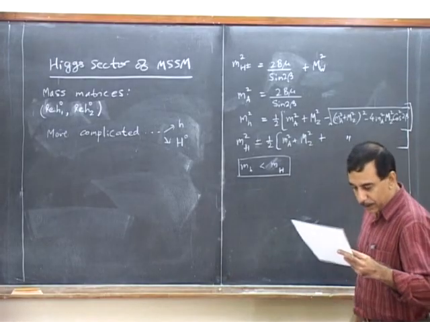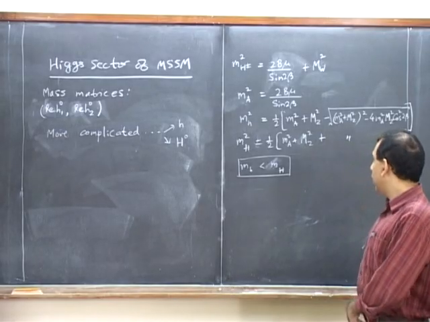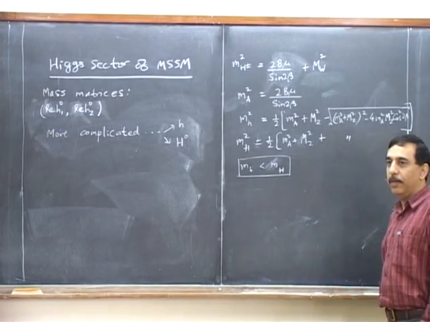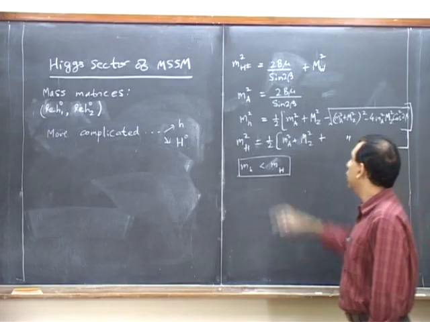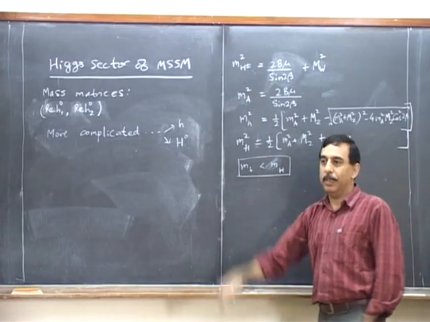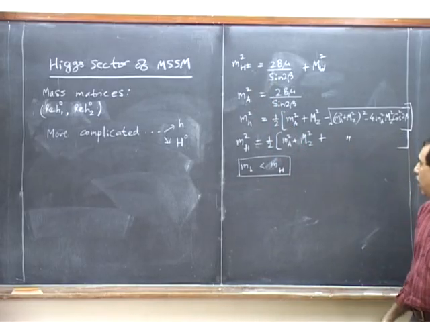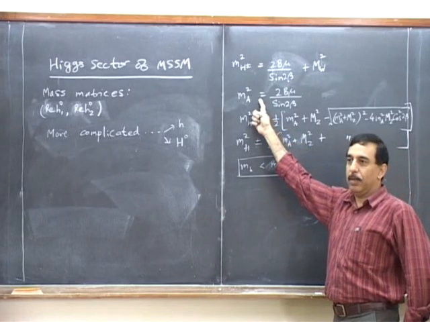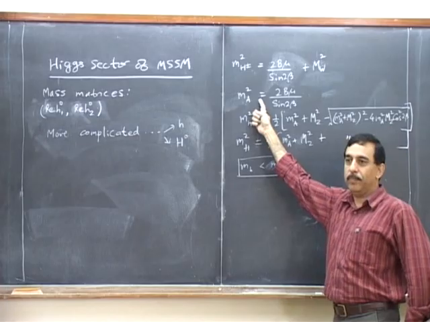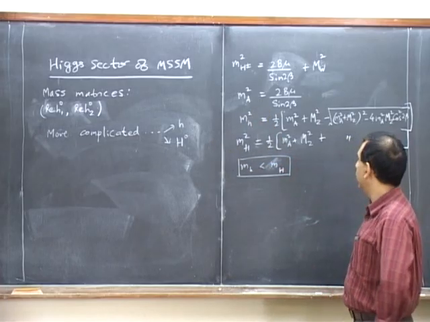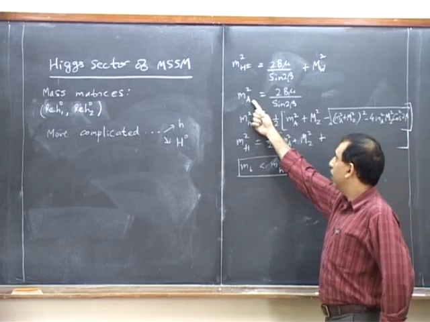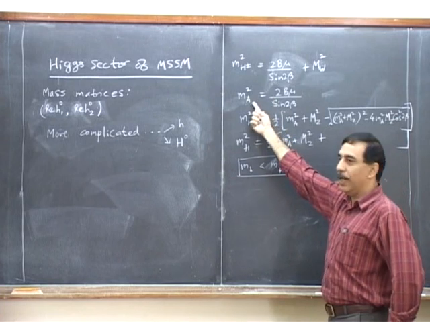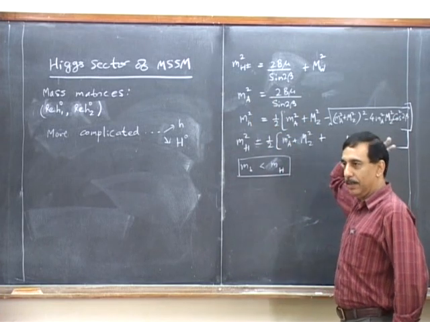So now hopefully the Higgses are starting to take on some personality. There are 5 of them, 2 are charged, so they are separate, capital H plus minus. 3 are neutral. Out of the 3 neutral, 1 occurs by itself because it's a partner of a Goldstone, which we identified when we diagonalize the mass matrix, and its value is useful as a parameter governing all the Higgs masses.